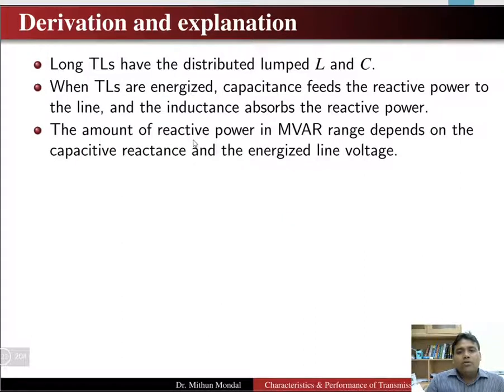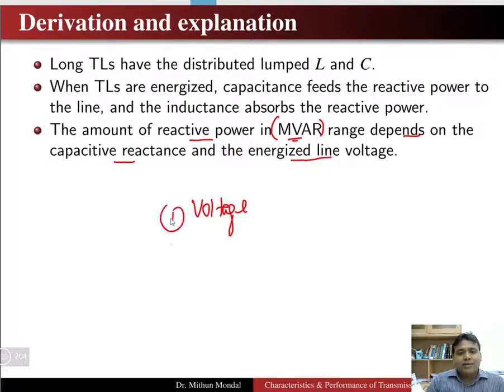Now the unit of reactive power will be in megavolt ampere rating. The range depends on the capacitive reactance and the energized line voltage. So the first parameter is the voltage of the line, and the second parameter is the capacitive reactance Xc. These two parameters will describe the value of Q, and the unit of Q is generally in megavolt ampere reactive.